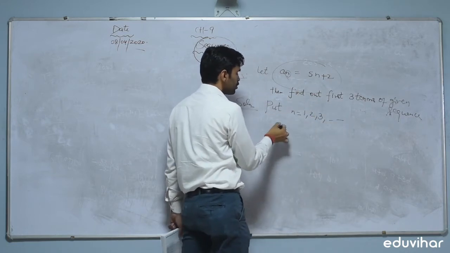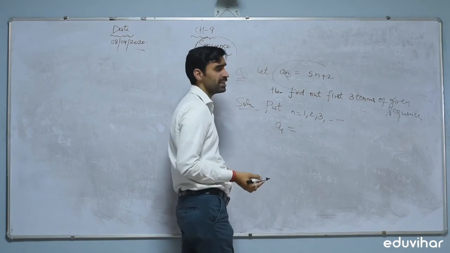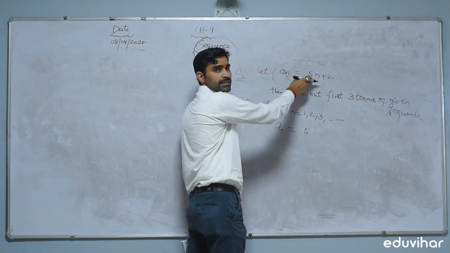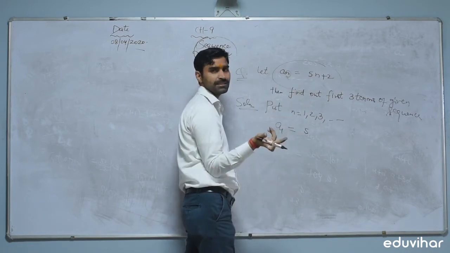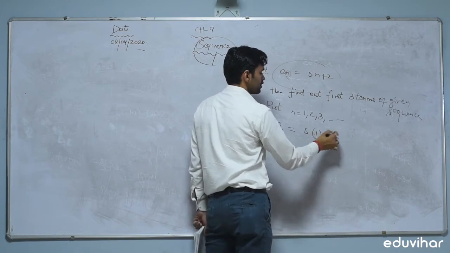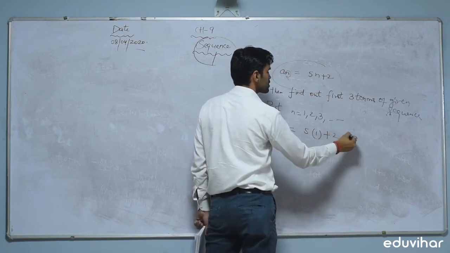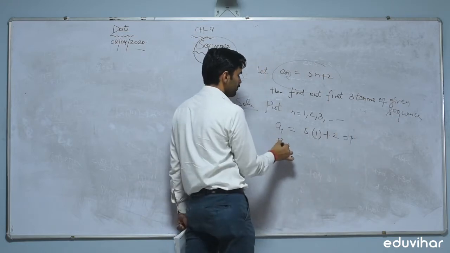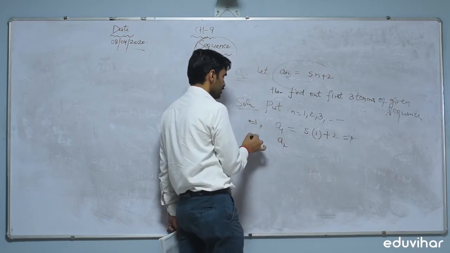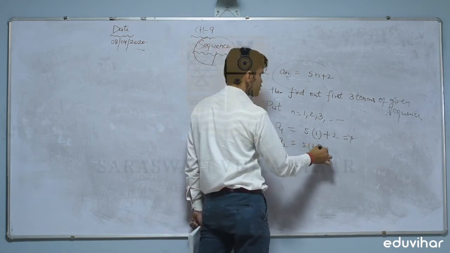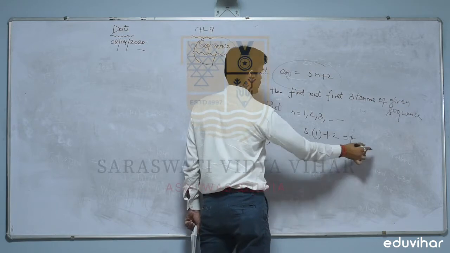In this way we get a1, the first term of the AP. Just put n equal to 1 first, then 2, then 3. When n is 1, 5 into 1 is 5, 5 plus 2 is 7, so the first term is 7. For n equal to 2, a2 is 5 into 2 plus 2, 10 plus 2, 12.